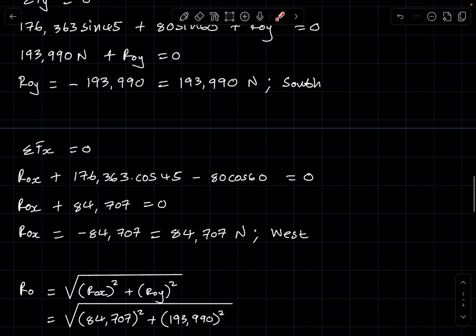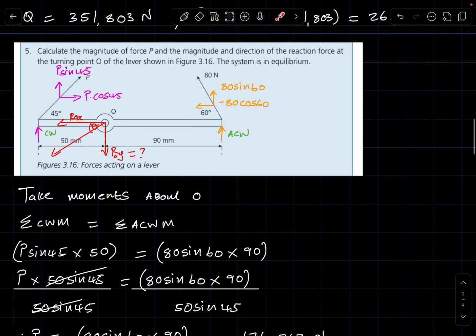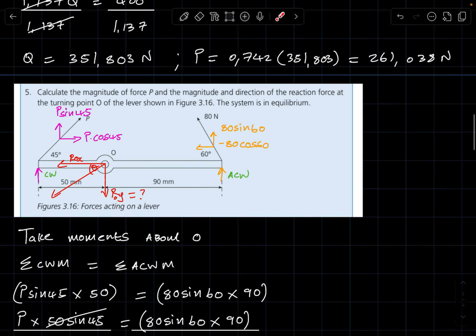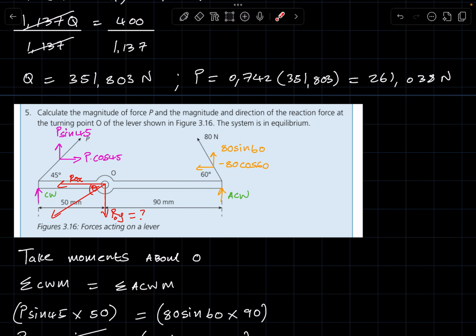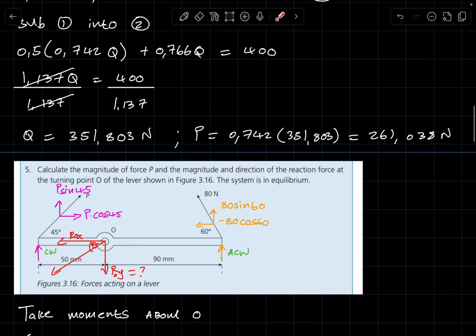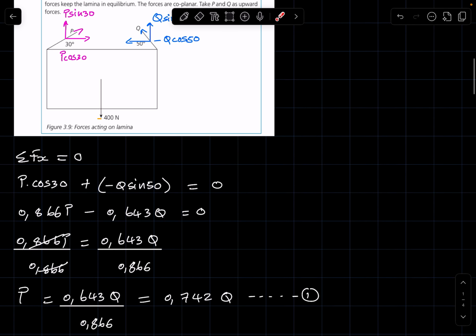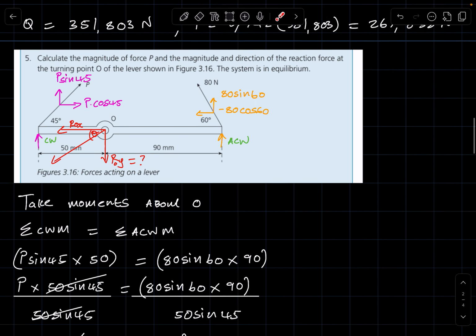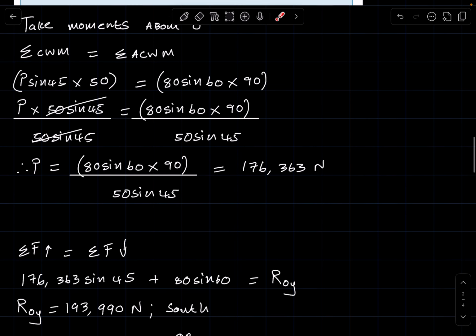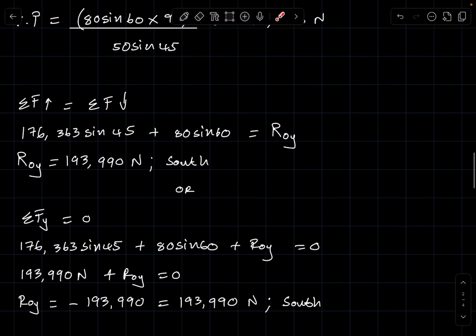Remember, laminas and lever systems, including beams, the forces are coplanar, but they aren't concurrent. Why? They aren't acting on the same point at the same time. Those forces are coplanar, and this was just a look at how we approach such problems.